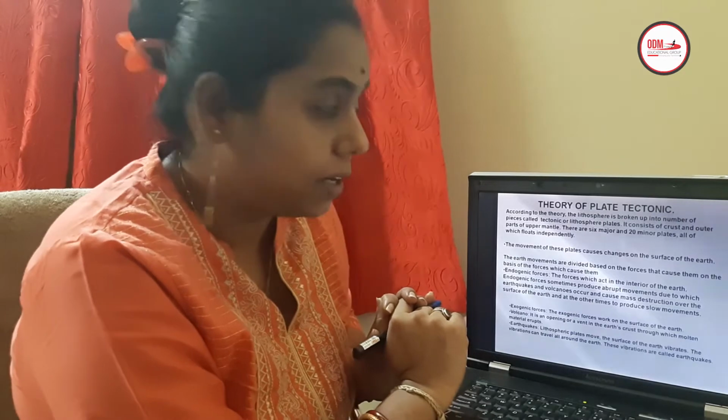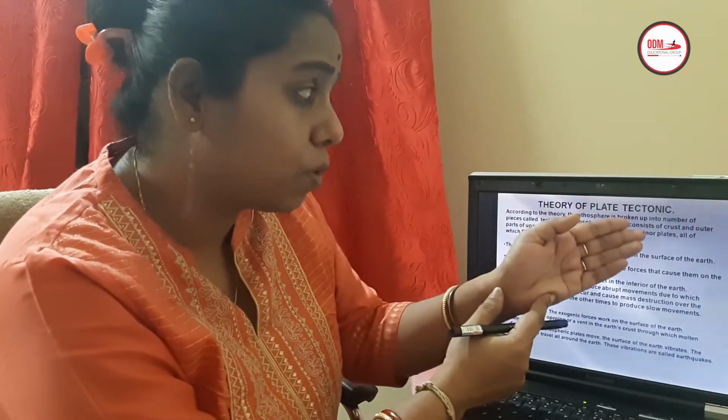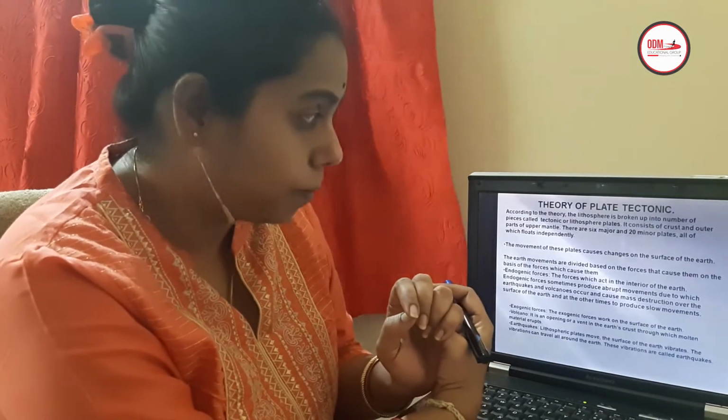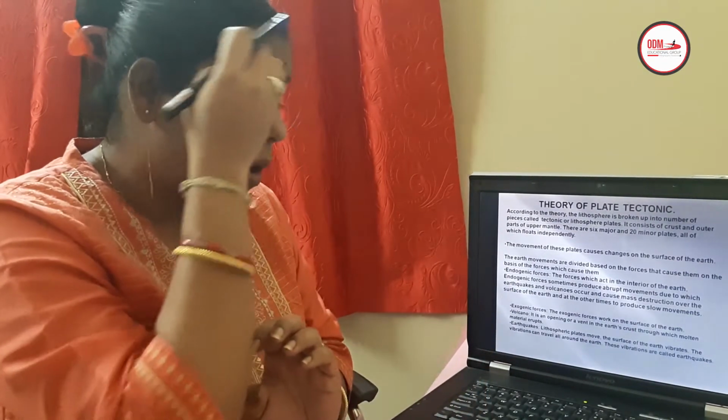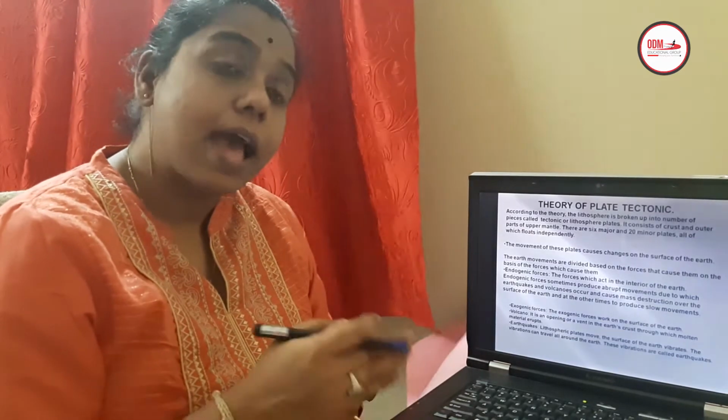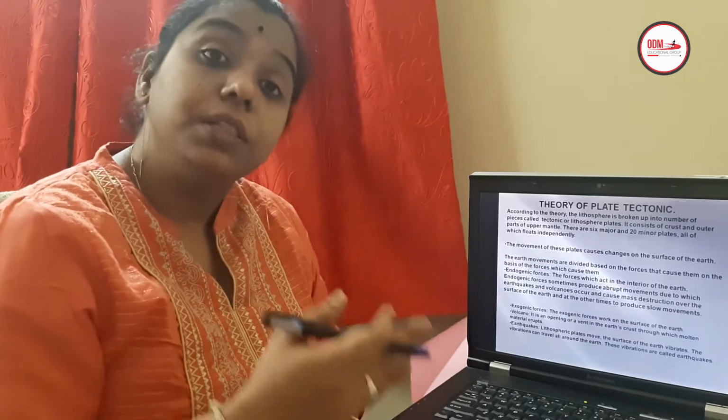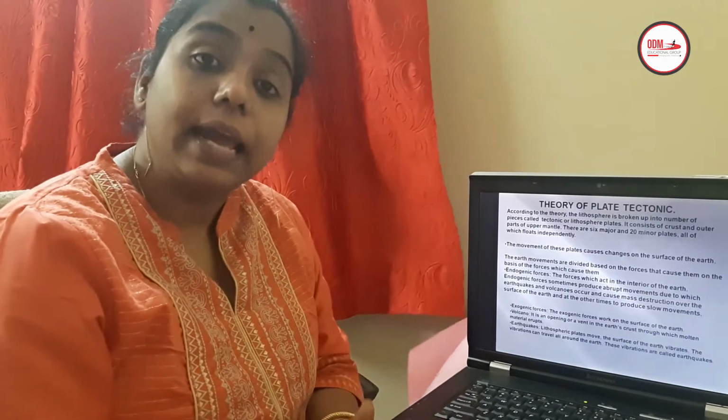The theory of plate tectonics is the theory where the broken pieces are called tectonic or lithospheric plates. Try to understand, we have 7 major tectonic plates on the earth crust: your Indo-Australian plate, Eurasian plate, African plate, North American plate, South American plate, Pacific plate, Antarctica plate.